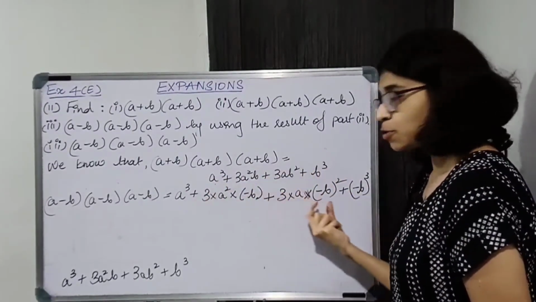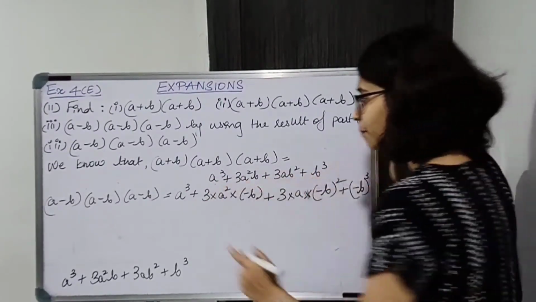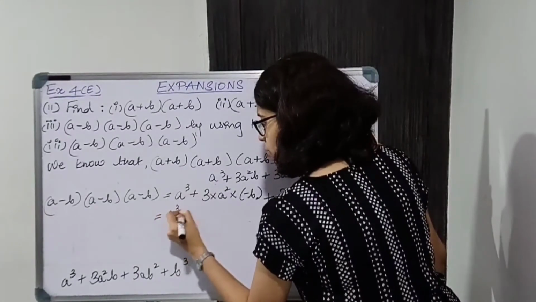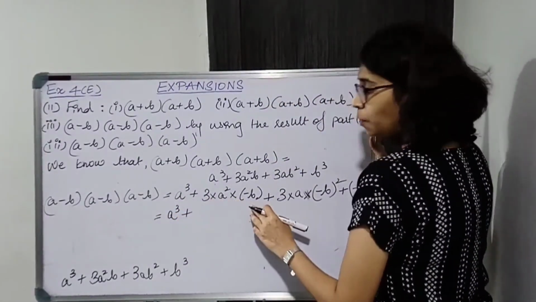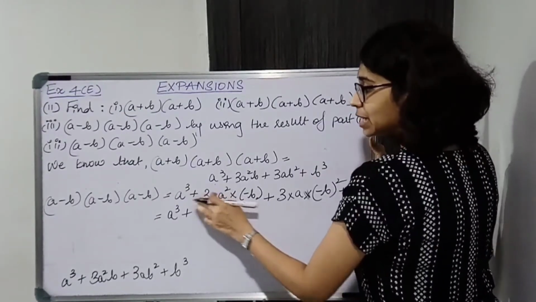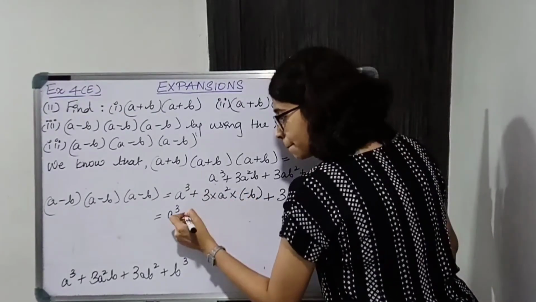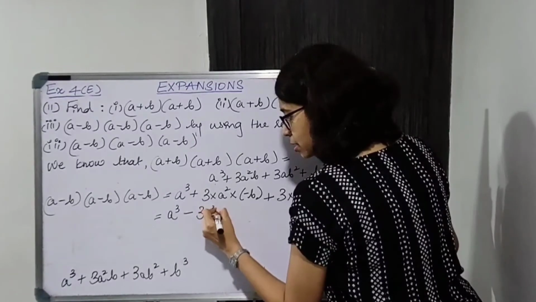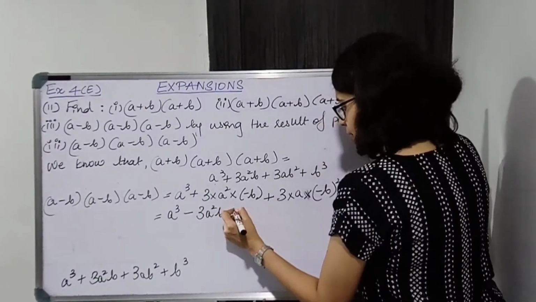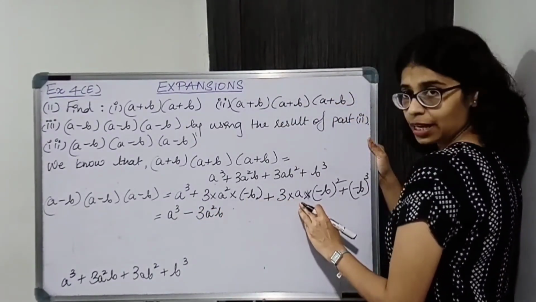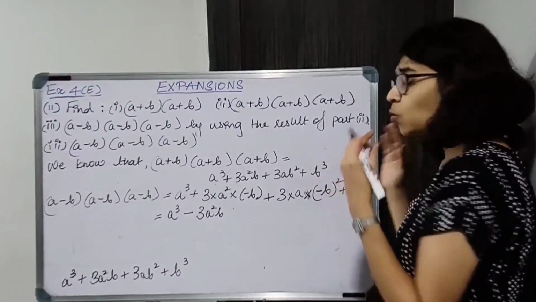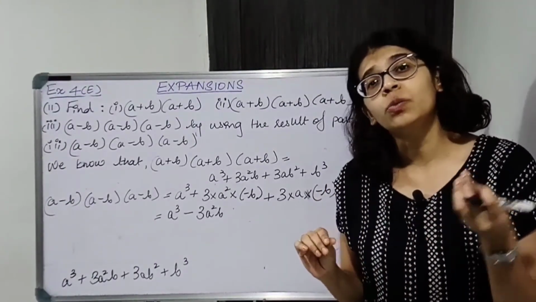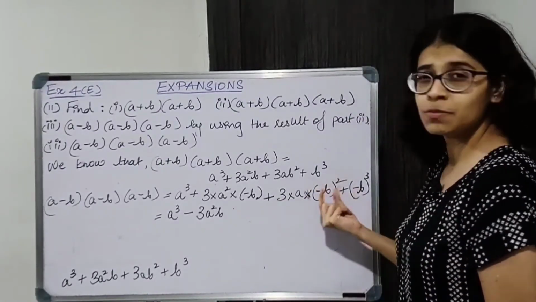Just substitute minus B. A cube plus 3 into A square into minus B. Plus into minus will give minus 3A square B. 3 into A, 3A into minus B whole square. Square of a negative is always positive, so this will be plus B square.